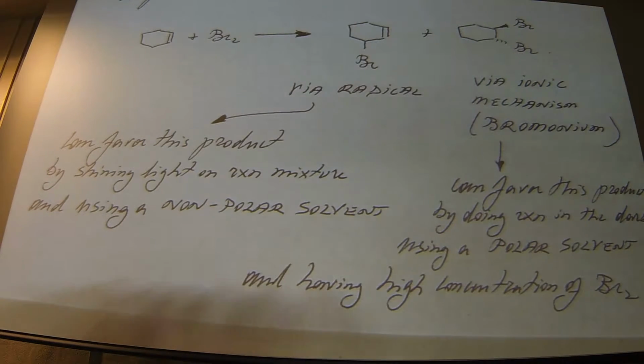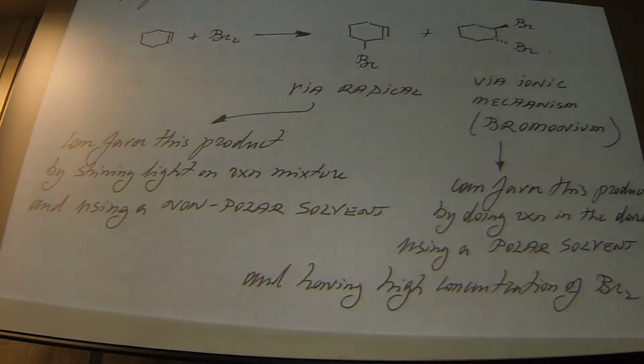A polar solvent is for what? Well, to stabilize the formation of the bromonium ion. Remember, the bromonium ion is a cation, and so it will be formed more easily in polar solvents. For the radical reaction, you don't need a polar solvent because the radicals don't have charge separation. They don't have positive charge and negative charge in the radical reaction.